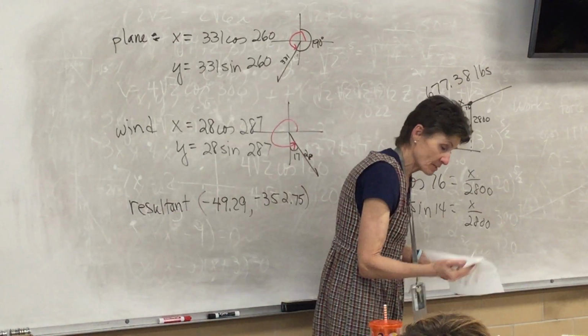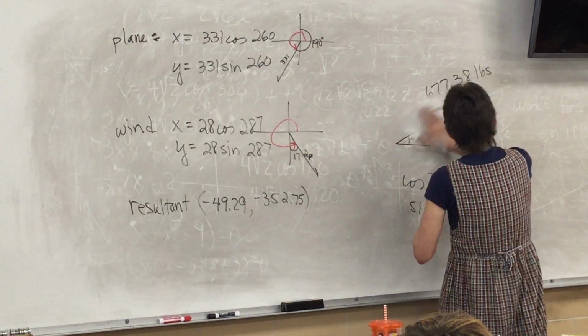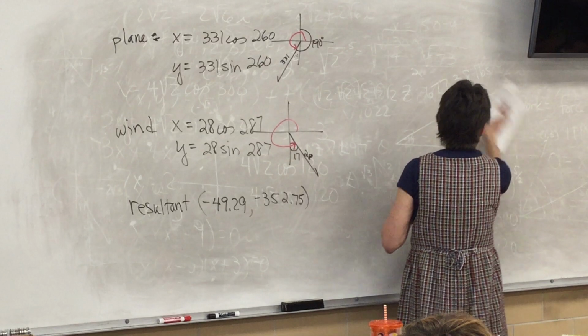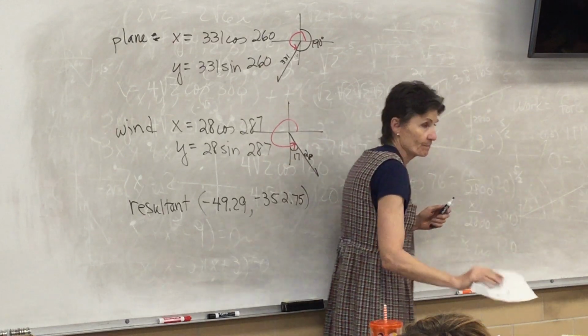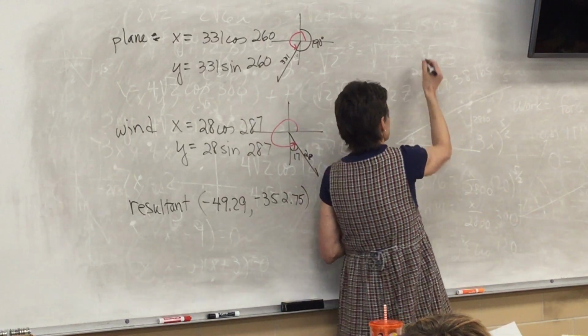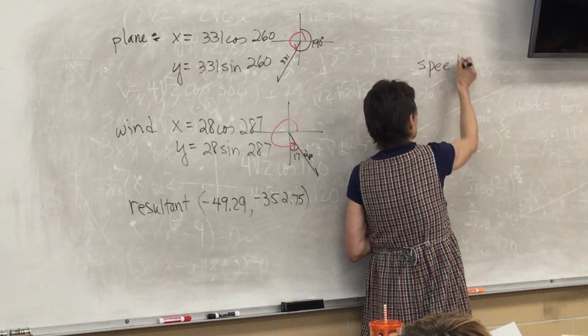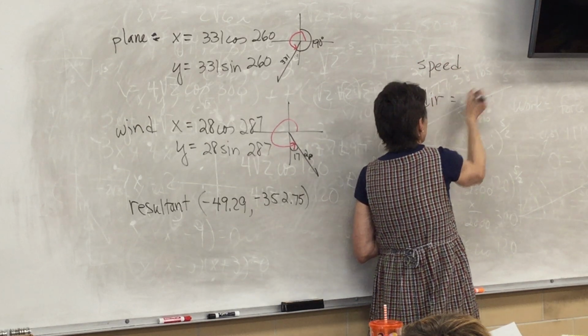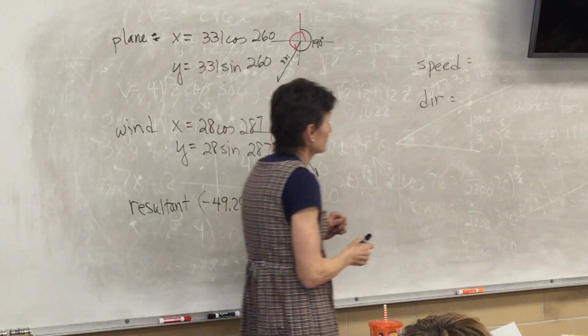That is not the answer to the question, because the question didn't say, find the components of the resultant vector. What the question said is, what's the magnitude of it, and what is its navigational angle? That's what we're looking for.